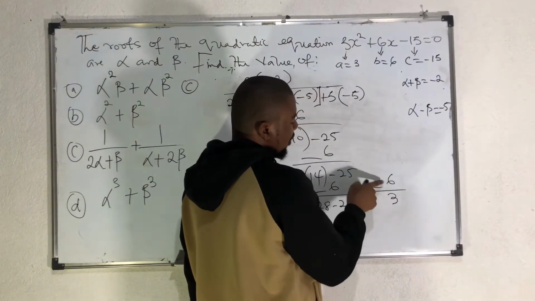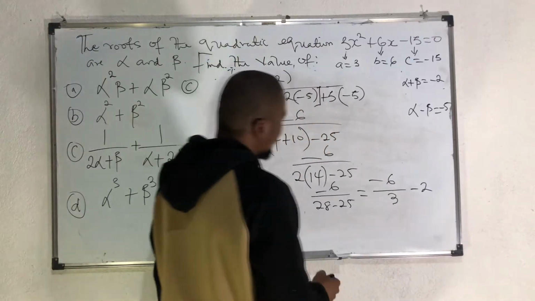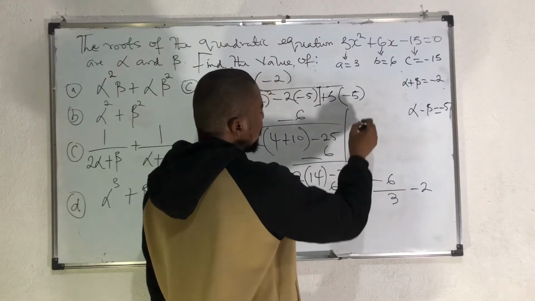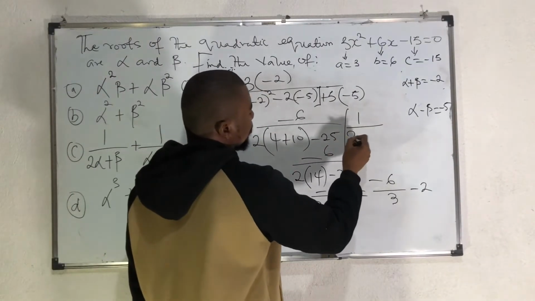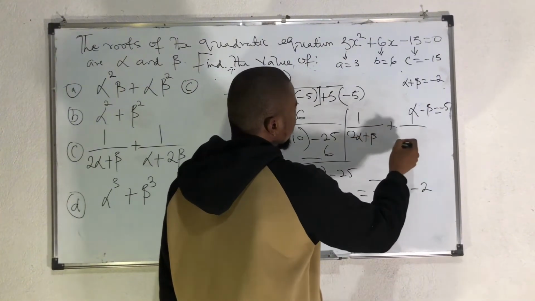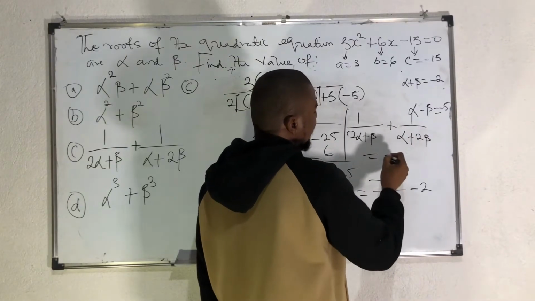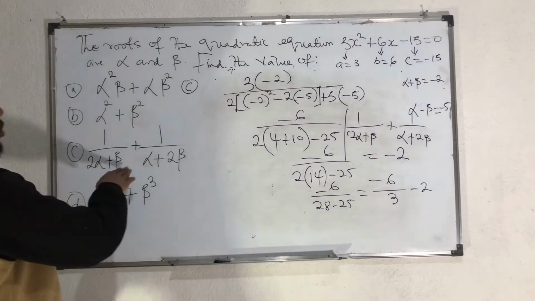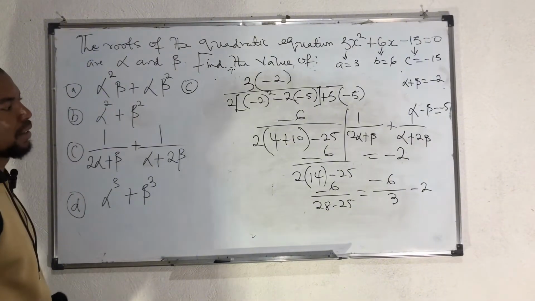And -6 divided by 3 will give you -2. Therefore, the value of 1 over 2 alpha plus beta plus 1 over alpha plus 2 beta is equal to -2. This is the solution to the third question we have right here. And this is how to do it.